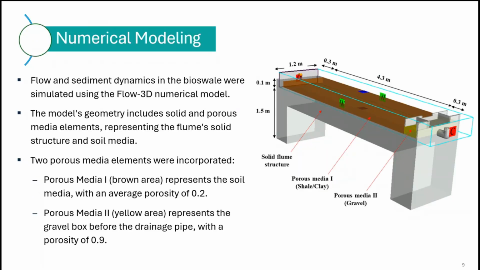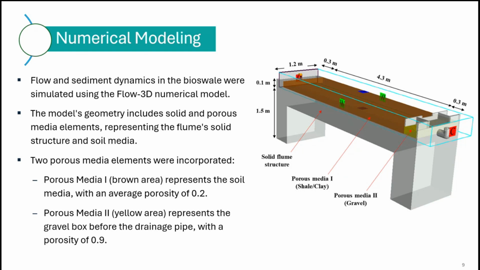In terms of numerical modeling, once we completed our experimental work, we did numerical modeling using Flow 3D. We replicated the exact size of the lab in the numerical model. So we have two media here, both of them porous. The brown one is the infiltration system we have, including the biosoil.